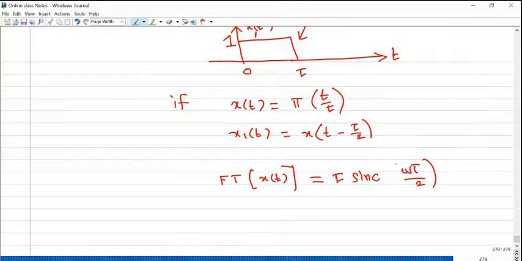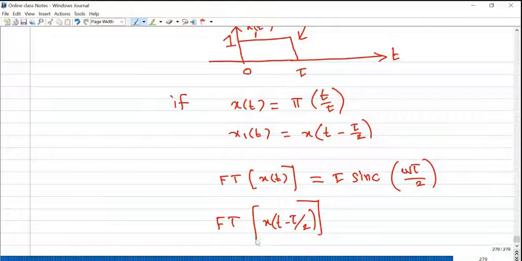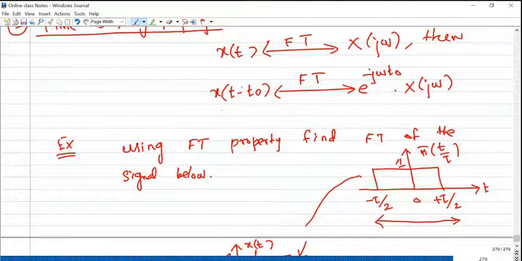Please remember the formulas of all the standard functions. Okay. Now the Fourier transform of x of t minus tau by 2. As per the Fourier time shifting property, if x of t has transform x of j omega, then x of t minus t naught, delayed by t naught, gives e power minus j omega t naught.